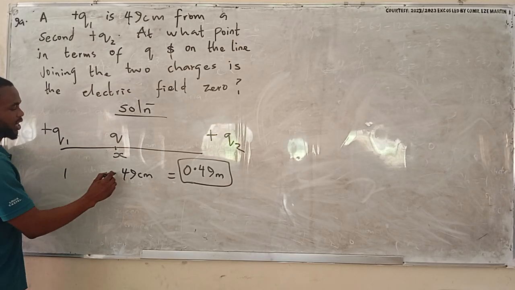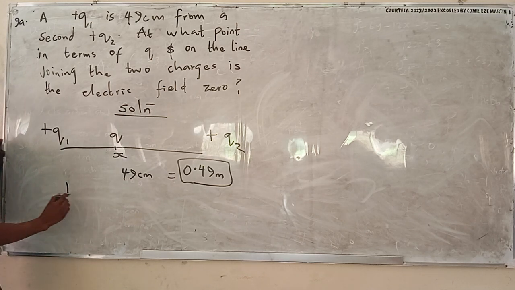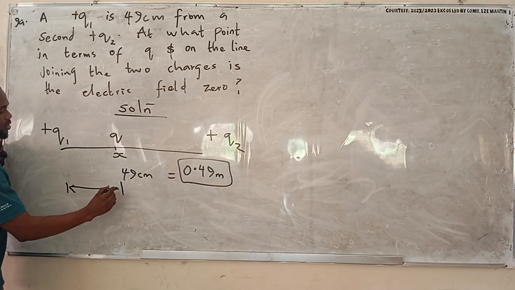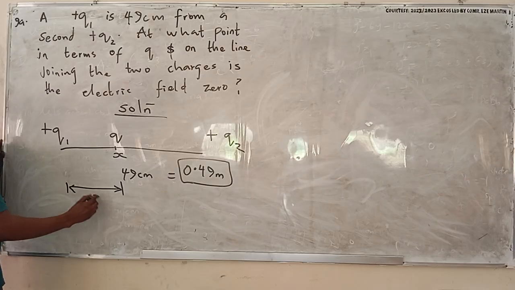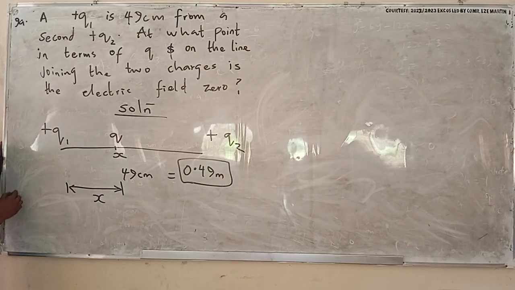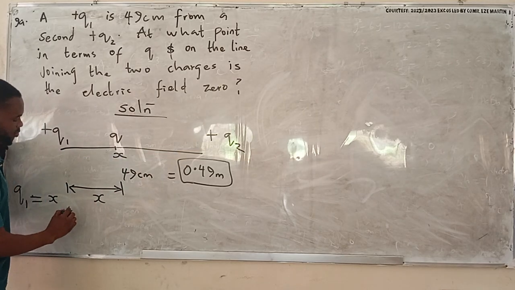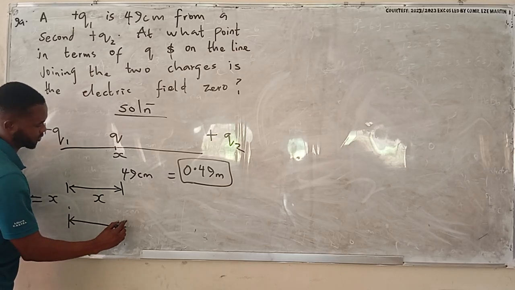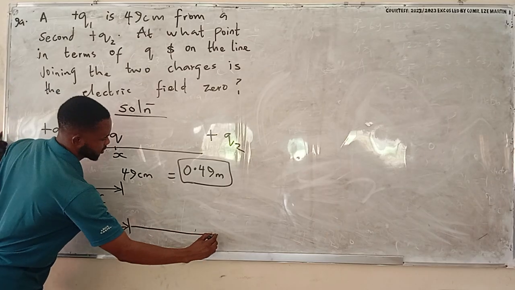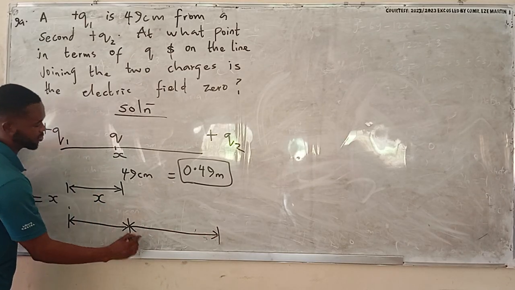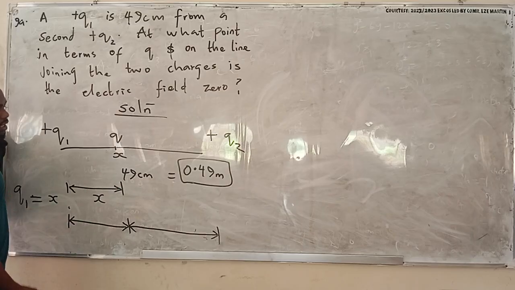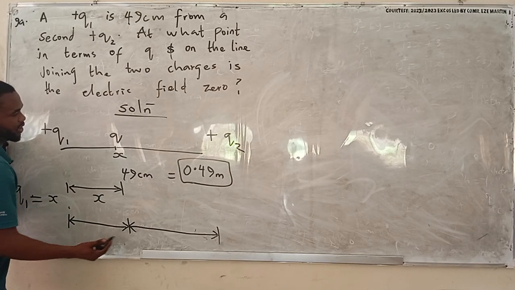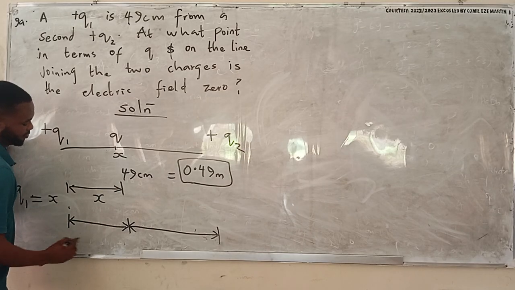Remember what I taught you earlier when we were doing equilibrium. From this end to this end is going to be x. That means Q1 is simply occupying a position of x, while Q2 will occupy what?